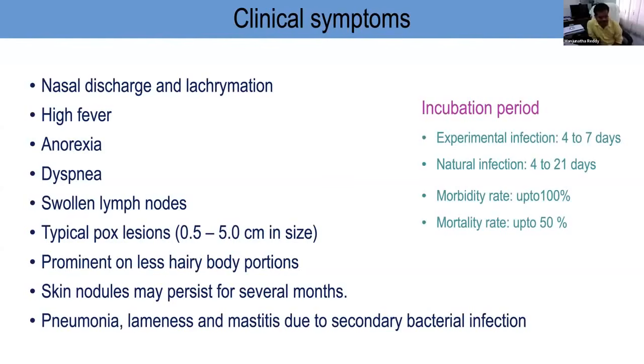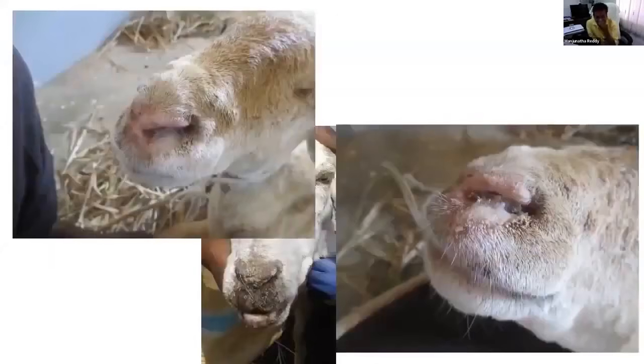Sometimes the pneumonia gets complicated with bacterial infections. Lameness does happen. In a lactating mother, secondary bacterial infection sometimes leads to mastitis. These pictures show an early clinical sign of fever combined with nasal secretions.